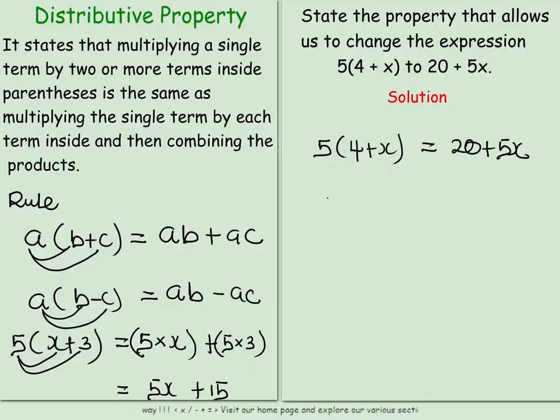You realize that the 5 has been multiplied by the 4 to give us this 20. And the 5 has also been multiplied by the x to give us 5x. What operation does that? This is the distributive property.